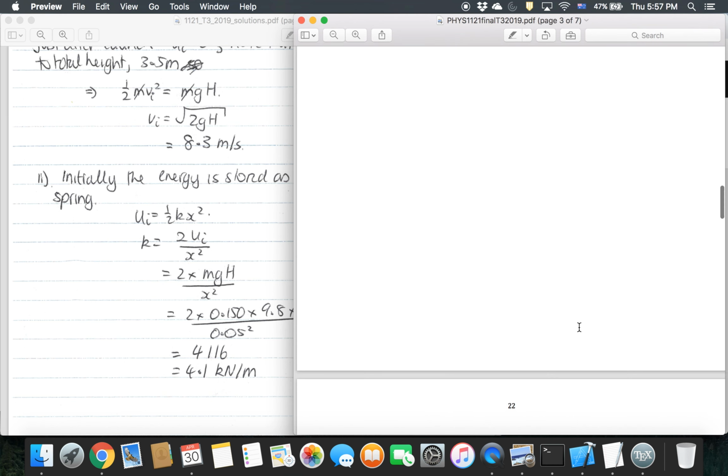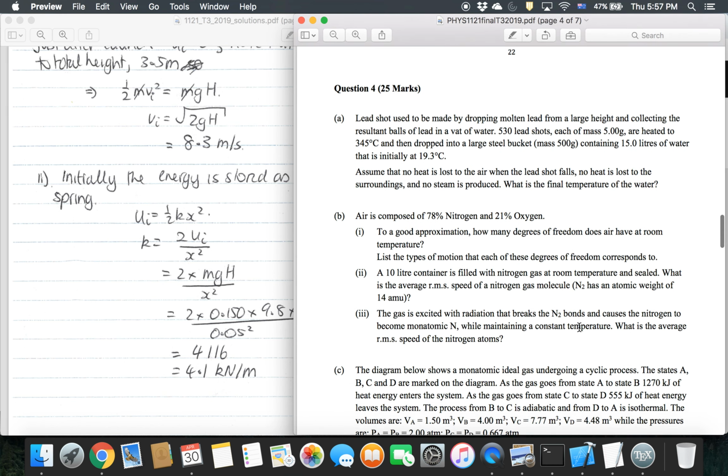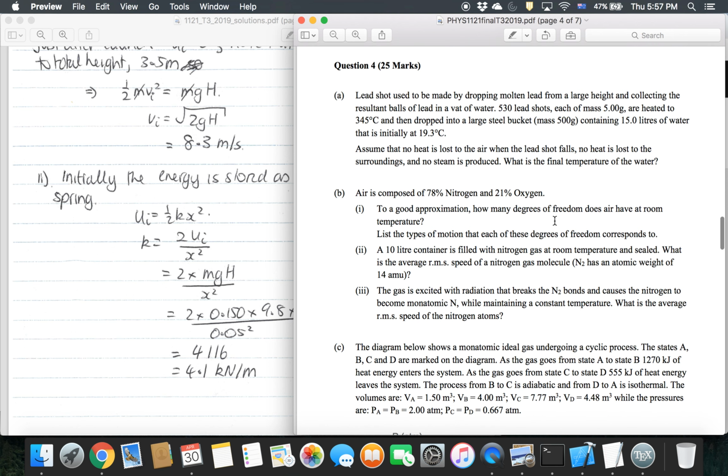Cool. Okay, so next I'll be going through question 4 as well. Question 4 is all thermodynamics. Starting with part A, lead shot, like lead bullets, the old bullets for muskets, used to be made by dropping molten lead from a large height and collecting the resultant ball of lead via a vat of water.